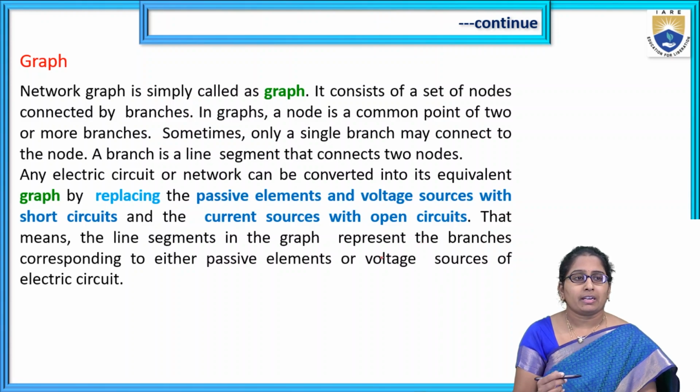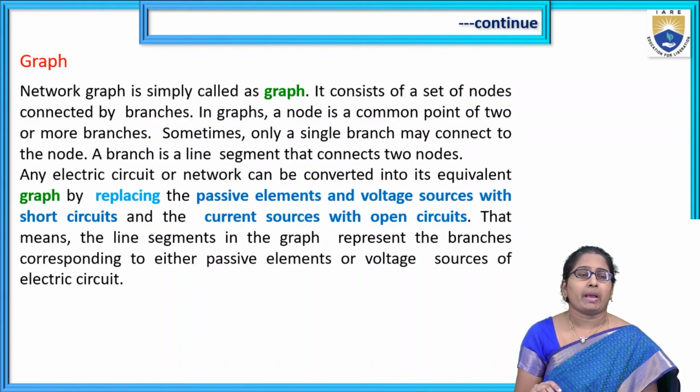If an electrical circuit or network is given, we can get its equivalent graph by replacing voltage sources and passive elements. Passive elements means R, L, C: resistor, inductor, capacitor, which may be present in the given circuit. All the passive elements and voltage sources are replaced with a short circuit, and current sources are replaced with an open circuit.